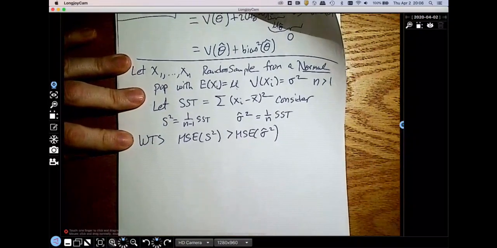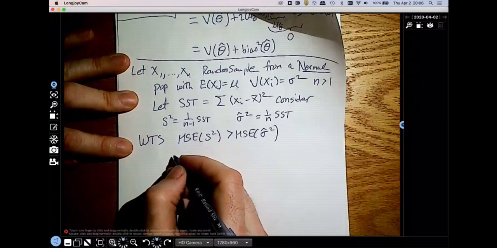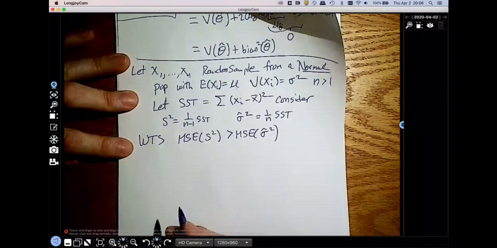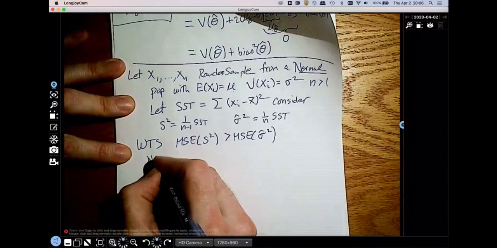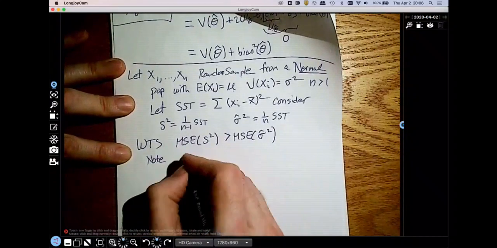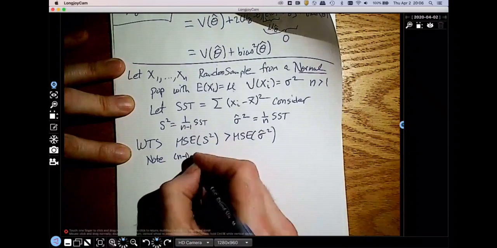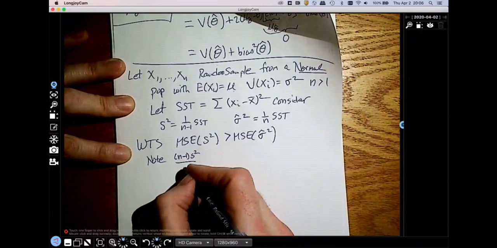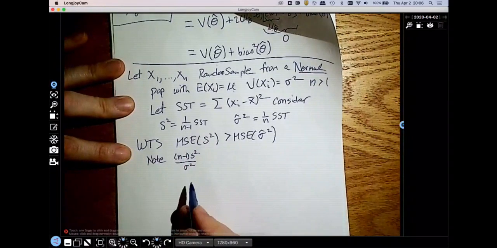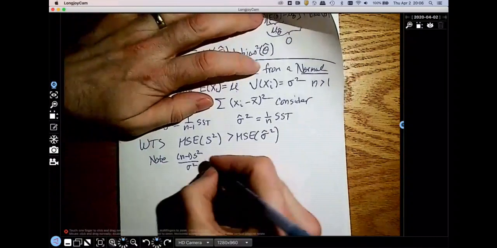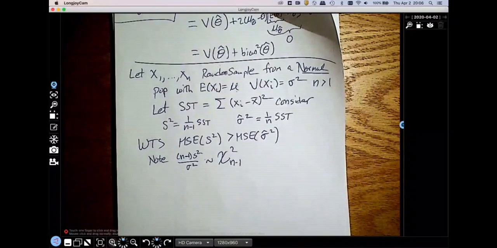So in order to show this, I need a result. Note, if I take n minus 1 times s squared, and I divide that by sigma squared, this is going to have something called a chi-square distribution with n minus 1 degrees of freedom.